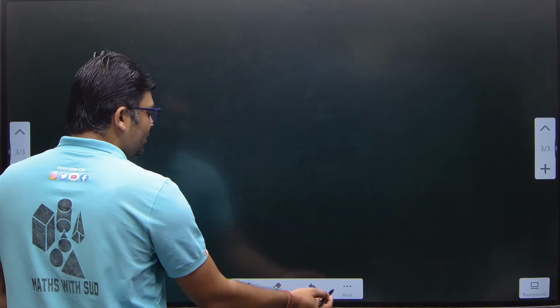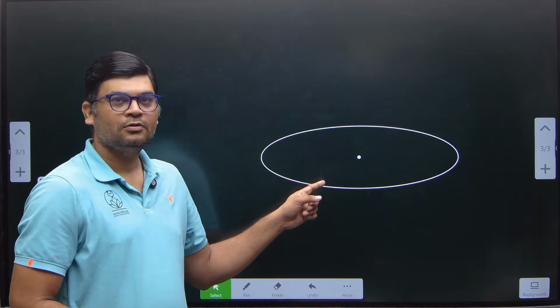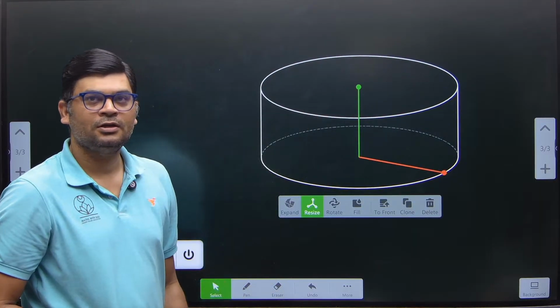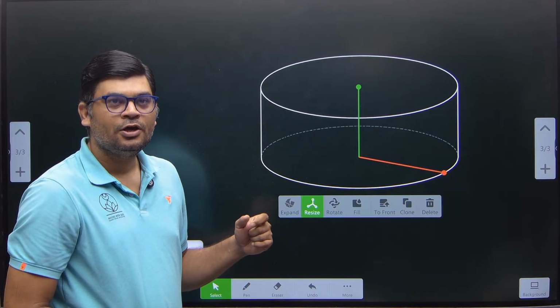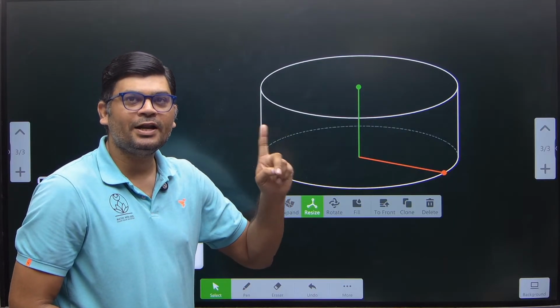Then what other shape do you want? For cylinder, what is this? Circle. If I bring a height to the circle, it will become a cylinder. It comprises 3 shapes, 2 circles and 1 rectangle.